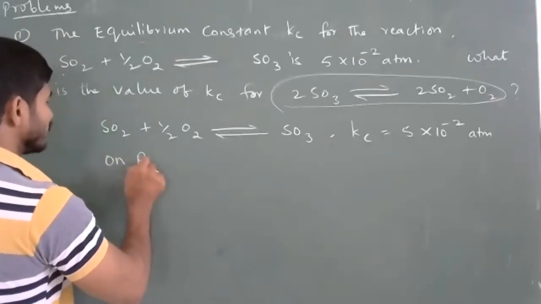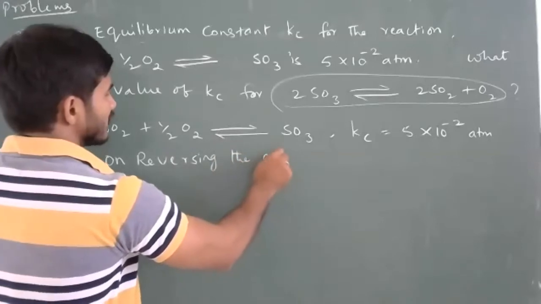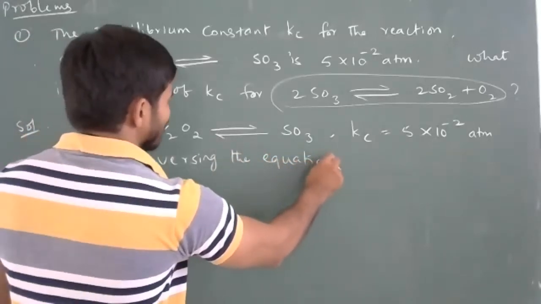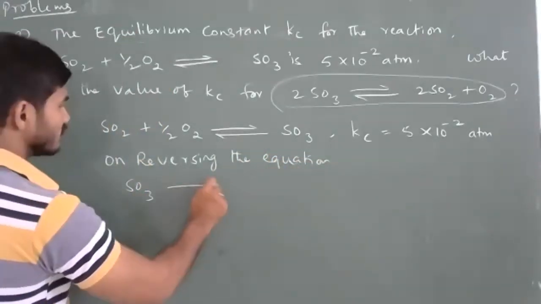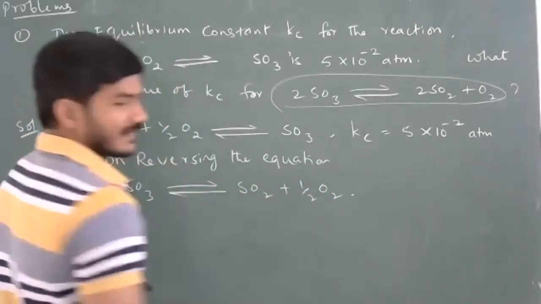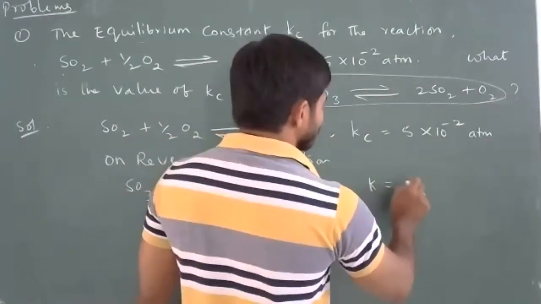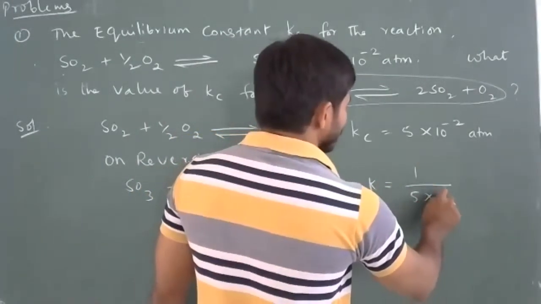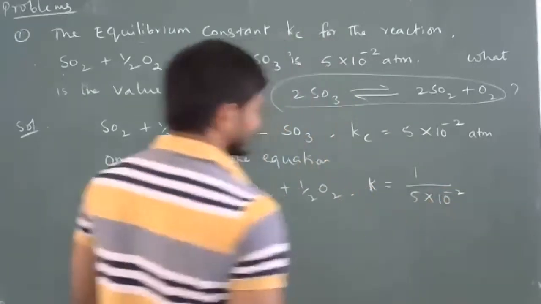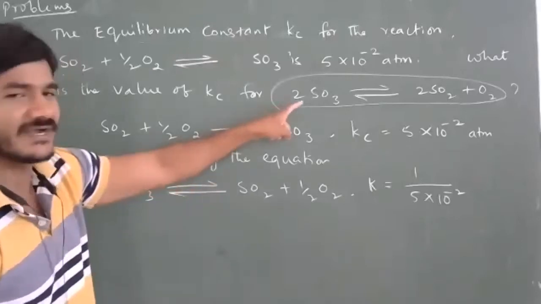On reversing, I get SO3 gives rise to SO2 plus half O2, and the new equilibrium constant is the reciprocal of 5 into 10 power minus 2. But if I reverse the equation, I still don't get the required equation.